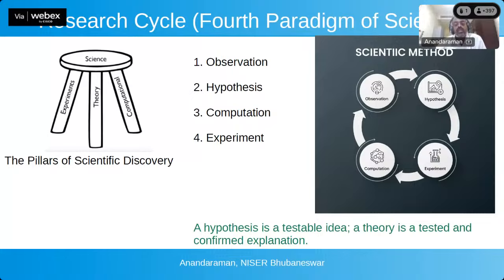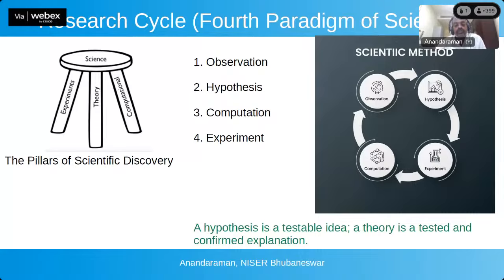Observation, hypothesis, experiment. But there is a lot of cost and time involved. For every prototype you have to spend money, and time is also getting wasted. So they introduced the fourth paradigm, that is called computation. Observation, hypothesis, computation, and again you repeat this loop.